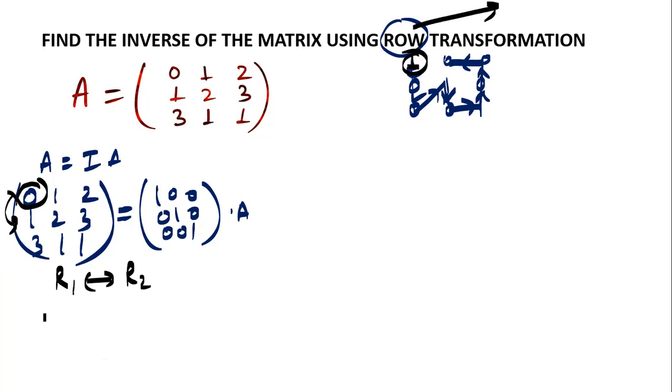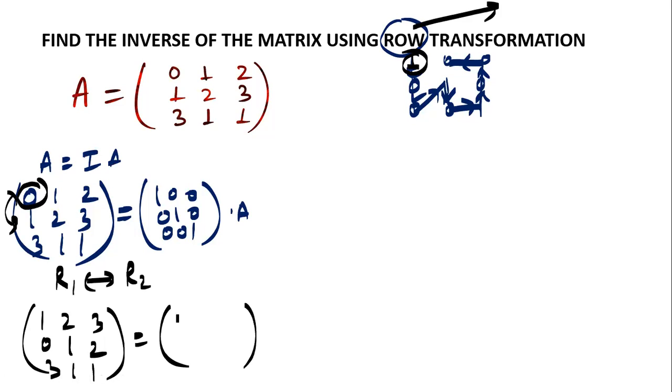Double arrow means we can interchange. Write down R2 in place of R1 and R1 in place of R2: 1, 2, 3, 0, 1, 2, 3, 1, 1. Same operations would be done in RHS: 0, 1, 0, 1, 0, 0, 0, 0, 1. A will remain on it.